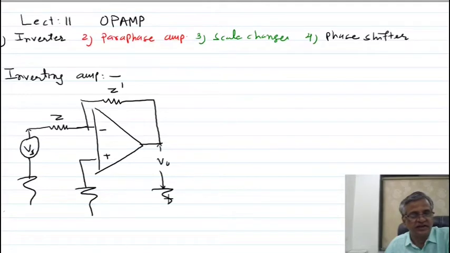It is a circuit diagram with a grounded non-inverting terminal and feedback impedance Zs and Z.